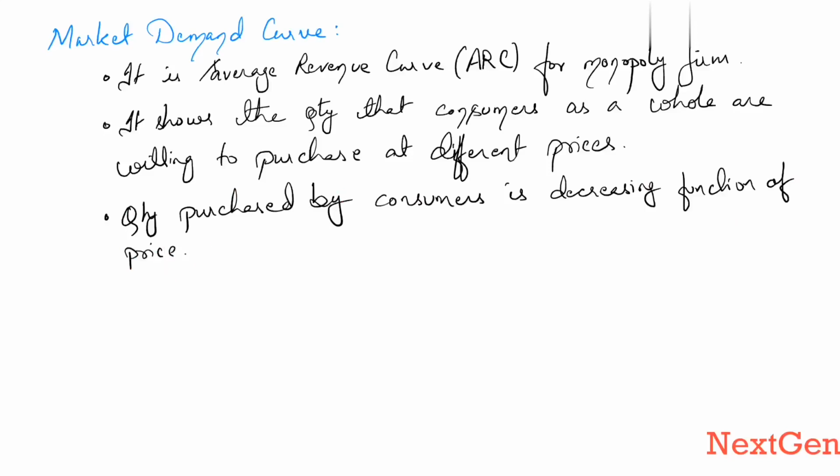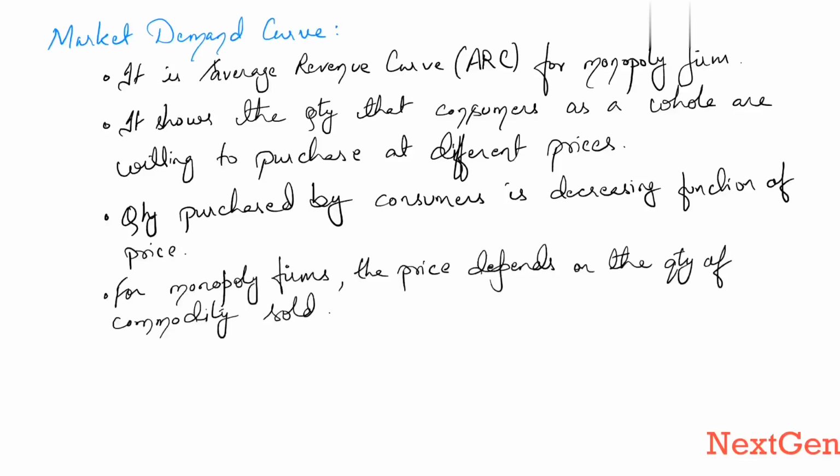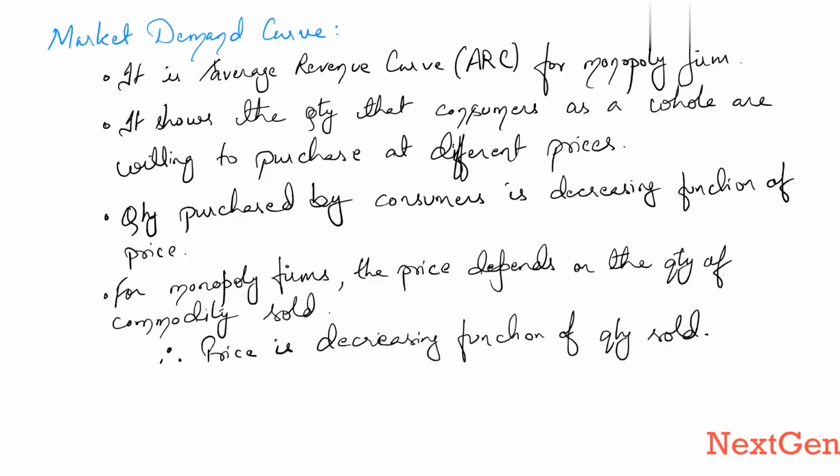That is, the price affects the quantity purchased by the consumer. For monopoly firms, the price depends on the quantity of commodity sold. Therefore, here price is a decreasing function of quantity sold.